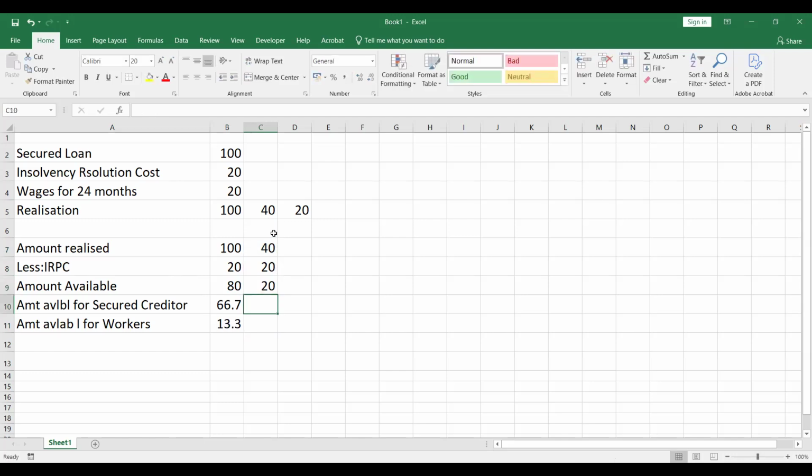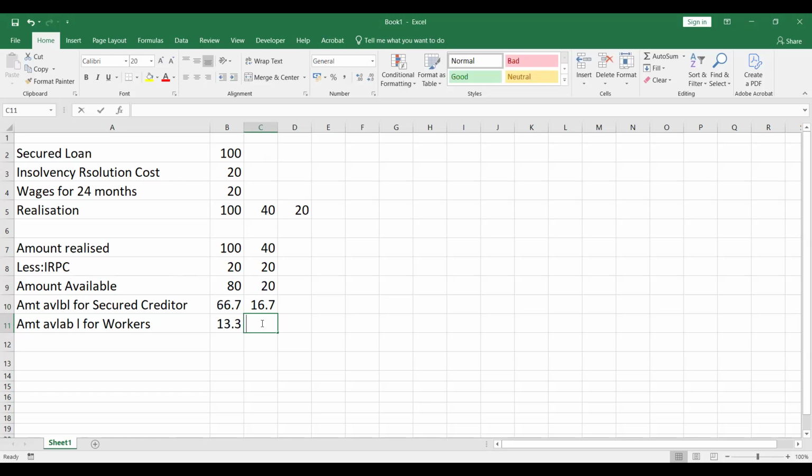And out of this 20, the calculation will be 20 divided by 120 into 100, for the secured creditor. Correct. So this much will be available.